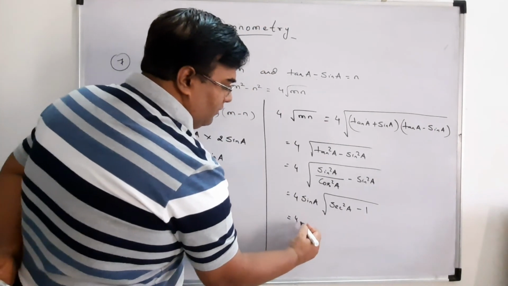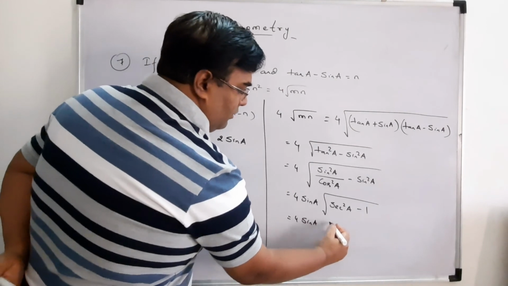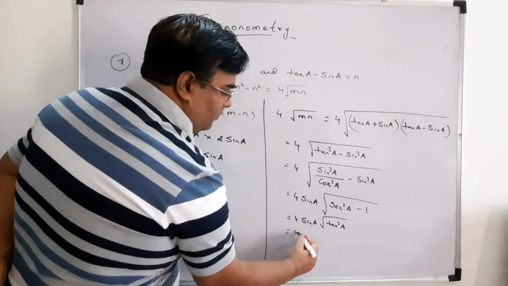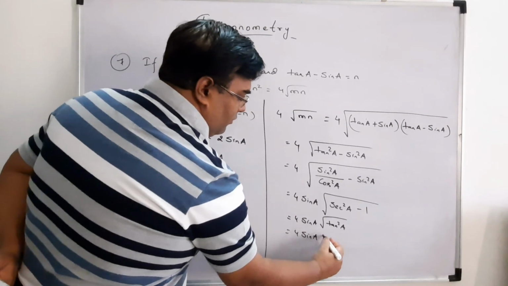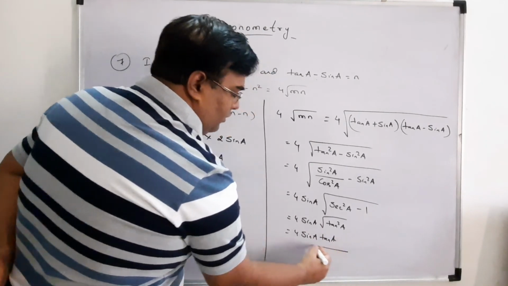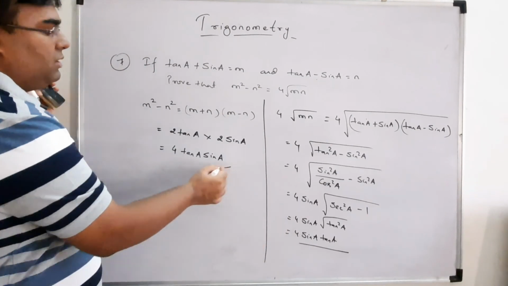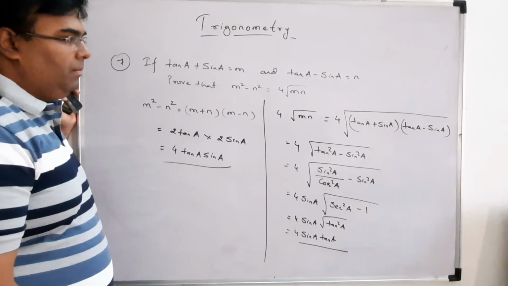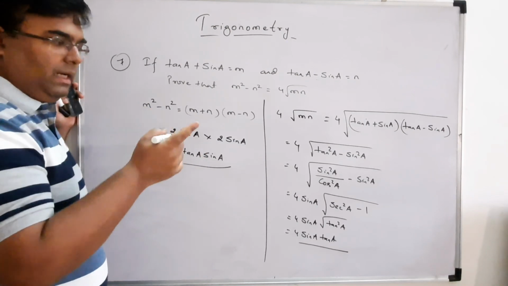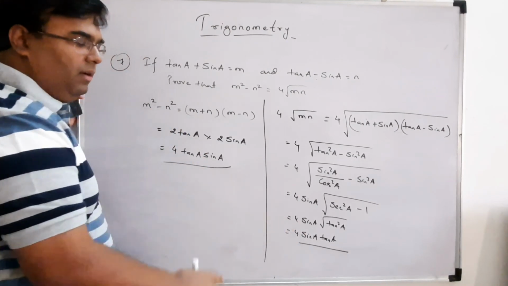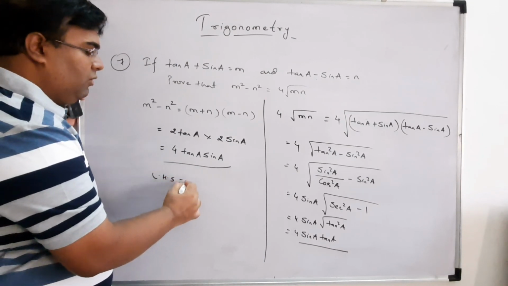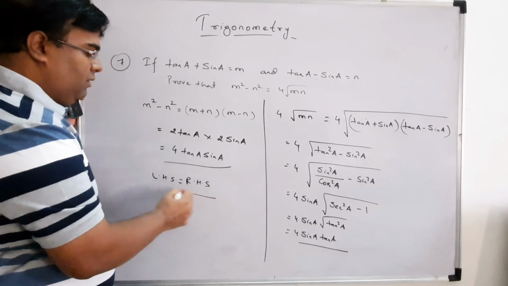This is tan square A. So see, 4 sin A tan A, 4 sin A tan A. So by doing from both sides, you can get to a common point, and then you can write your LHS is equal to RHS.